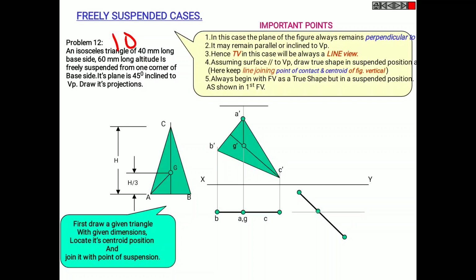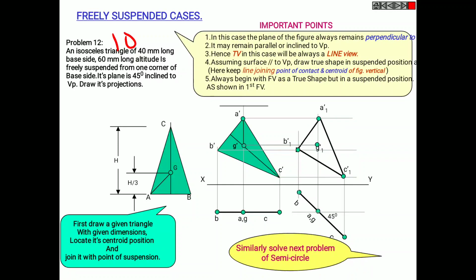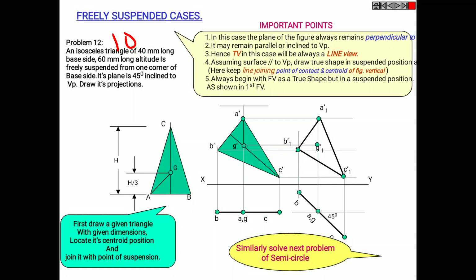Now taking this line of 45 degrees incline, draw the projections from all the constraints, nothing but the points. So this is your required diagram.